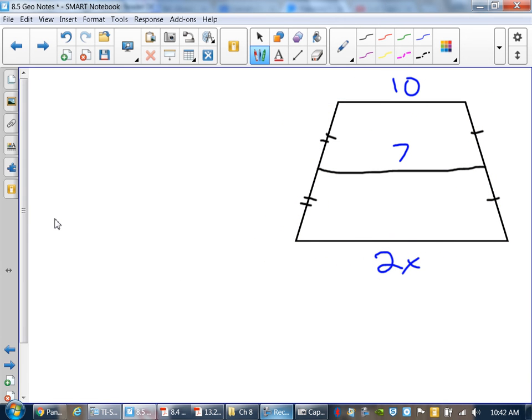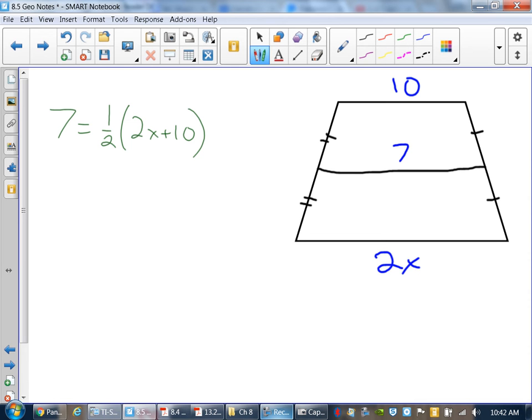The mid-segment, 7, equals half the sum of the bases. That's one way of doing it. Using a fraction here isn't so bad because both values for the bases are even. What's half of 2? What's half of 5?